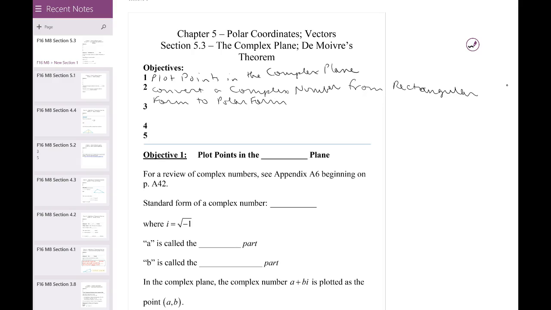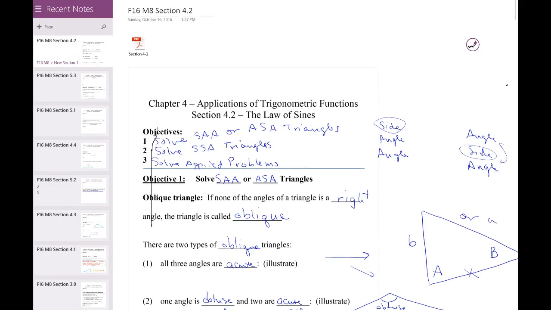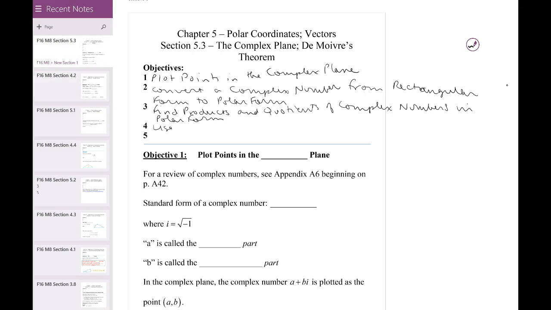And then we're going to find products and quotients of complex numbers in polar form. Then the fourth objective is to use de Moivre's theorem. And the last is going to be to find complex roots.